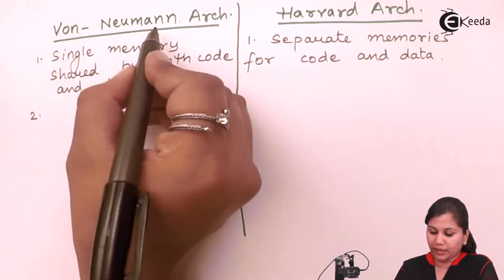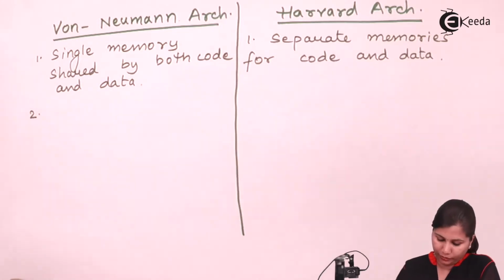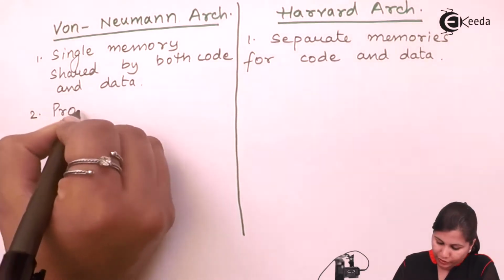Now in the von Neumann architecture, if the processor wants to fetch the instruction, then it has to use a separate clock cycle. If it wants to fetch the data, then it has to use another separate clock cycle for that.